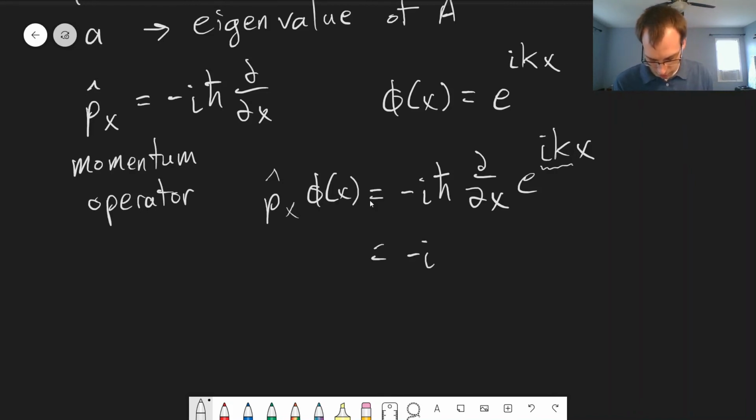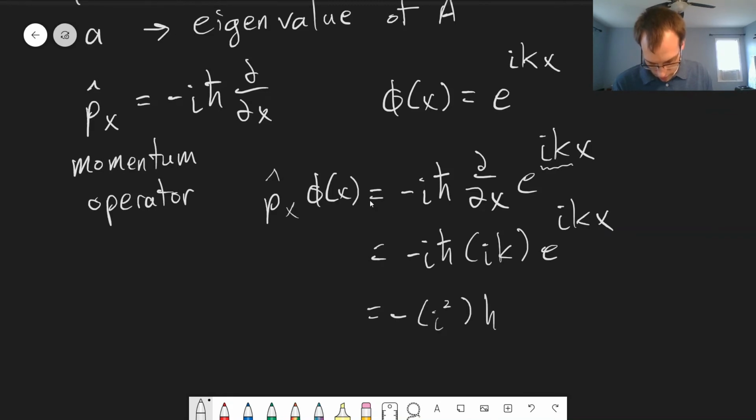So we get negative i h bar times i times k times e to the ikx. Then we end up with negative i squared h bar k e to the ikx. And i squared is equal to negative 1. So overall, we end up with positive h bar k e to the ikx.